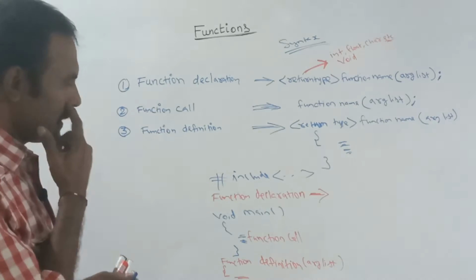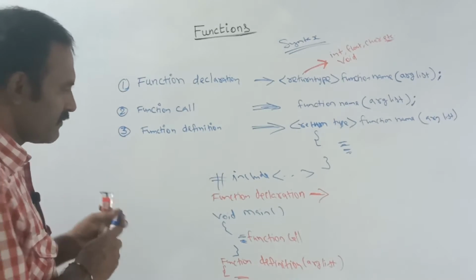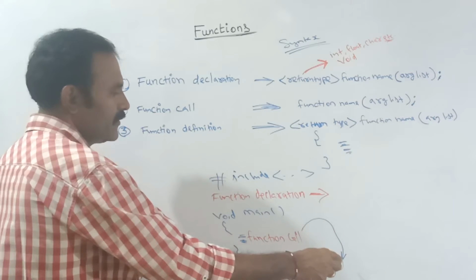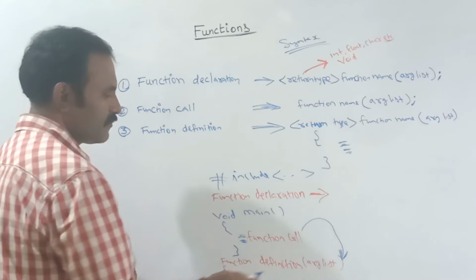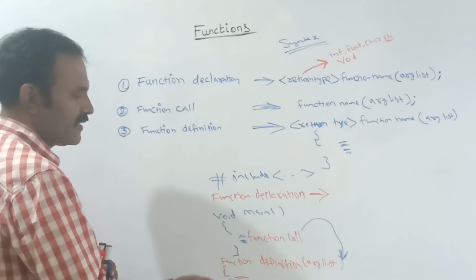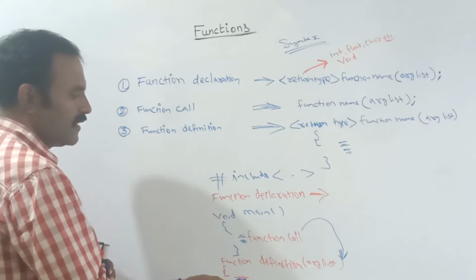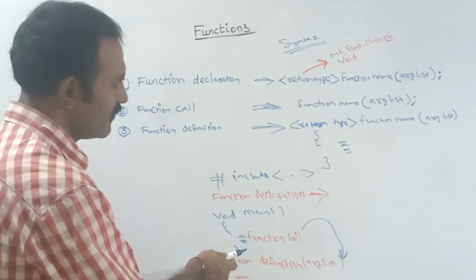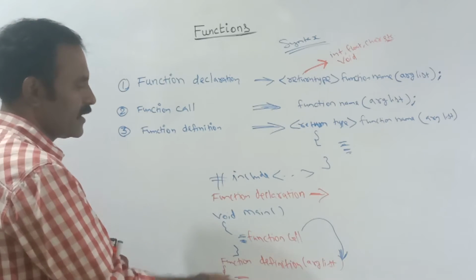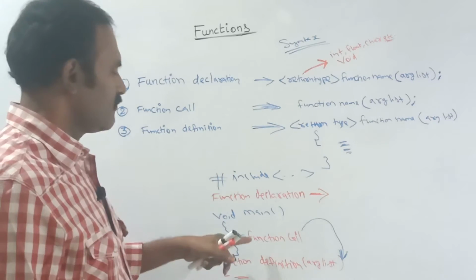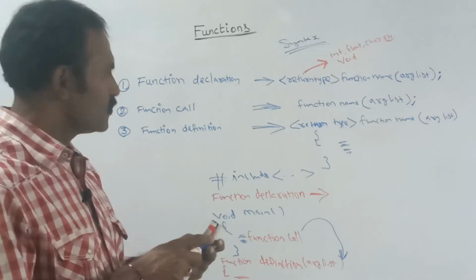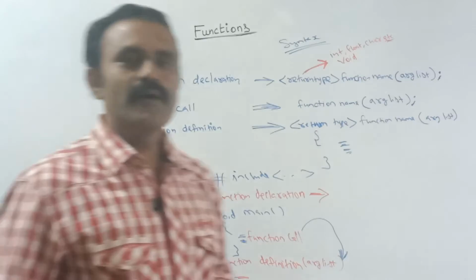During the function call, the controller will jump to the function definition part. After executing all the instructions in the function definition, it returns back to where it came from, the main function. This is the function call. So these three parts are the main things.